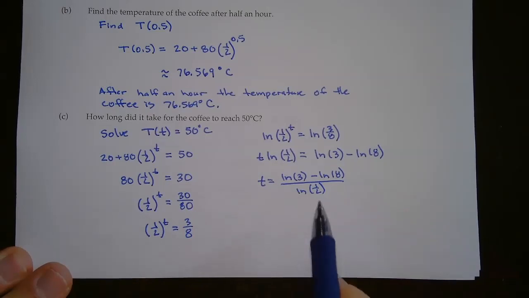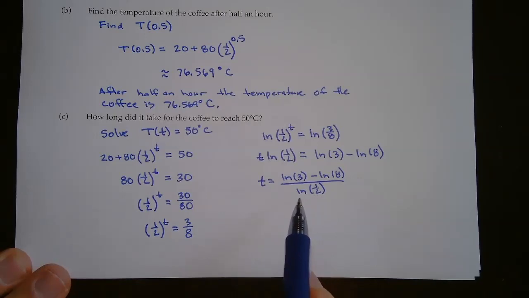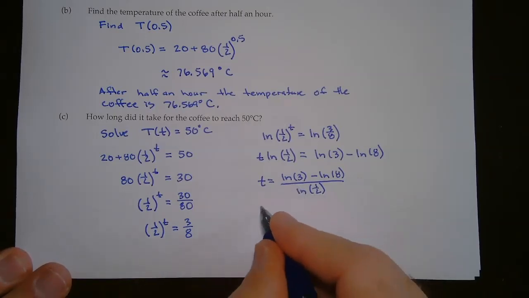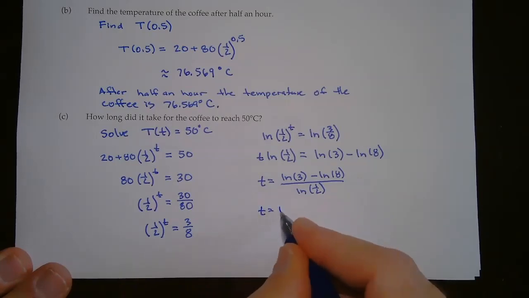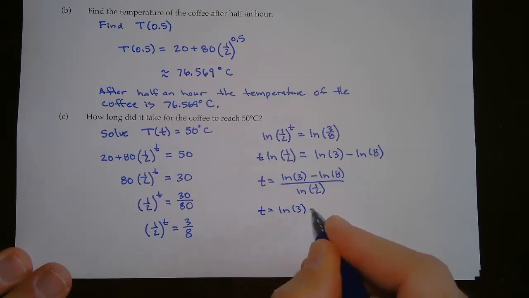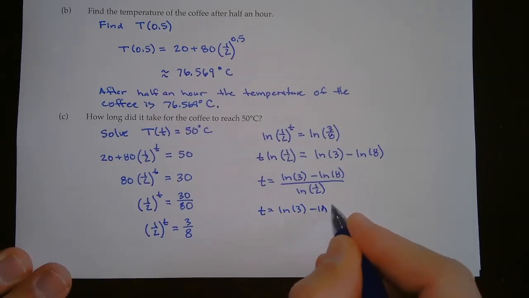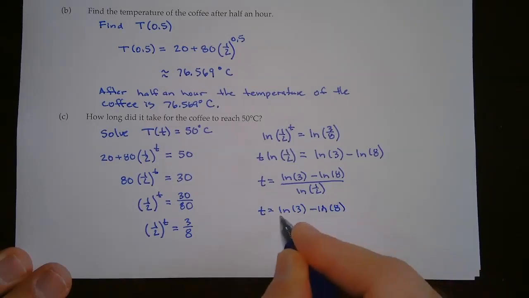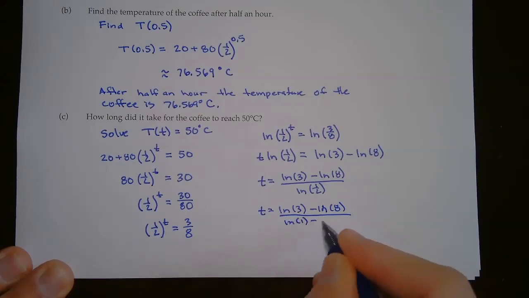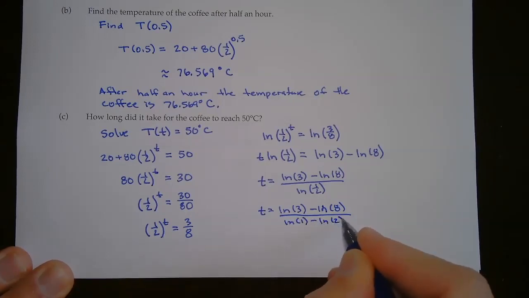Okay, now this could be rewritten because the natural log of 1/2 is the natural log of 1 minus the natural log of 2. So we could actually write this out: the natural log of 3 minus the natural log of 8 over the natural log of 1 minus the natural log of 2.